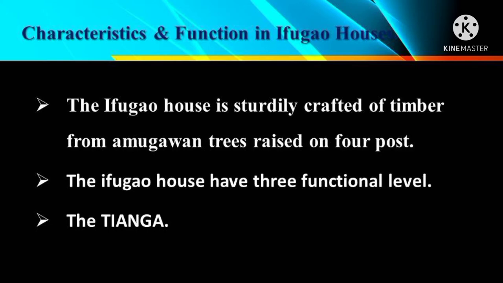On the ground floor, the posts have a wooden disc called the ulilang, which prevents rats from entering the house. The second floor is for the living quarters and social affairs; eating, cooking, and sleeping are all done in this area. And the third level was used as the granary.